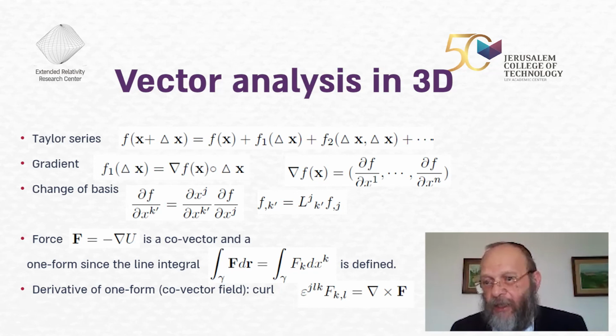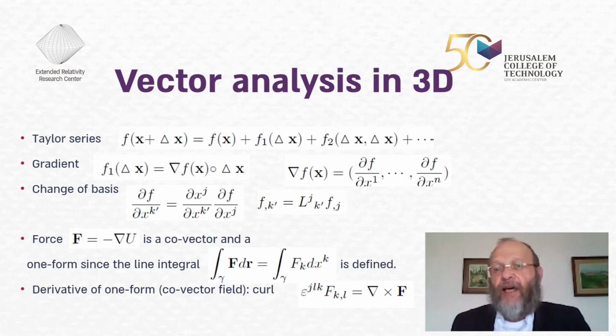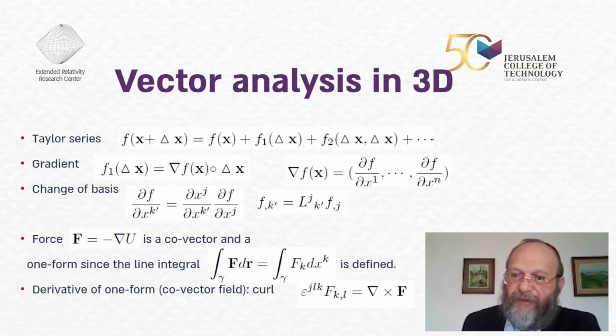And the curl will be a vector field. You differentiate a covector field, and the result is a vector field. So once more, when we take the gradient, we always get a covector. A covector is a one-form, and the derivative of a one-form is the curl. You cannot define divergence.